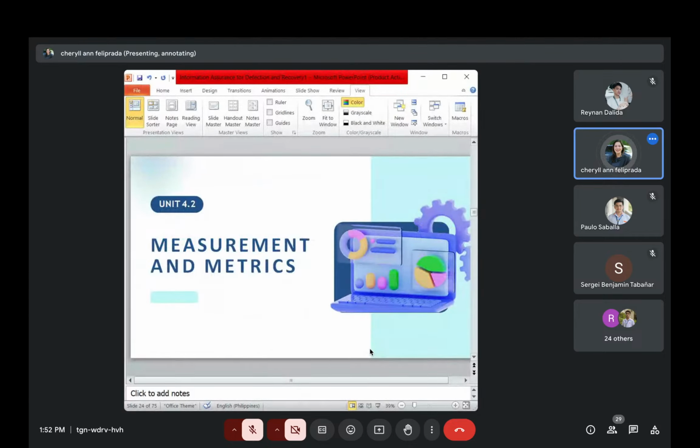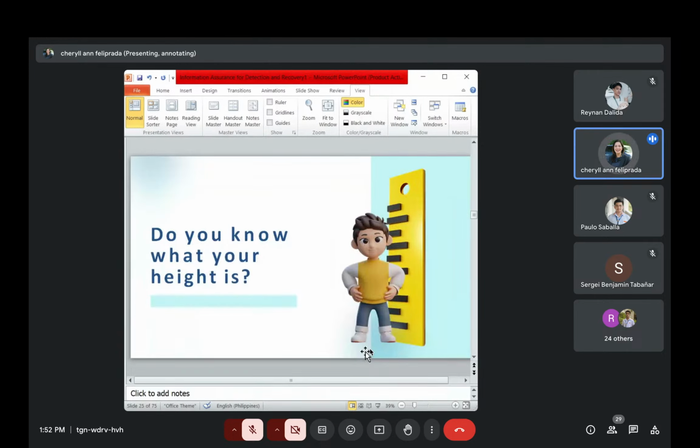Okay, so let's move on to measurements and metrics. Now, what is the difference between measurements and metrics? Do you know what your height is?